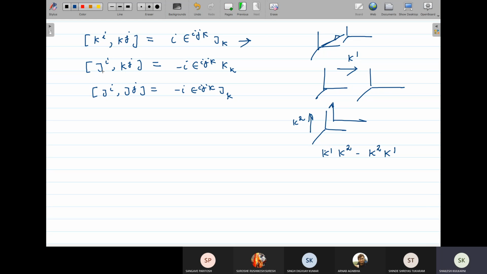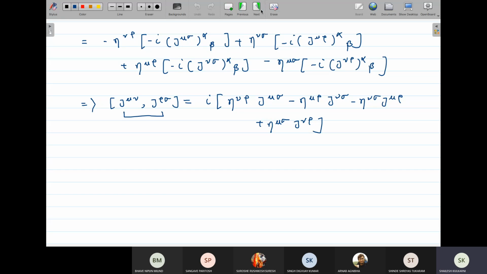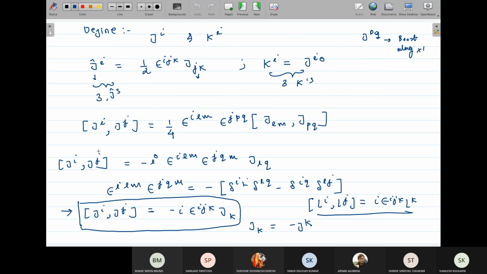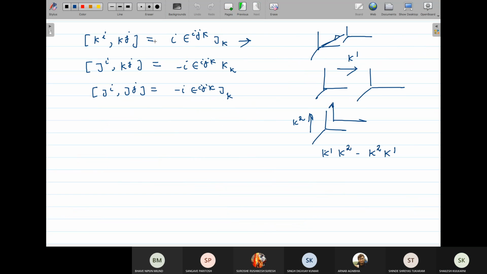If you consider a rotation and a boost, you will get a boost. In this form, this is the most general commutation relation for Lorentz transformations, the generators of Lorentz transformations.